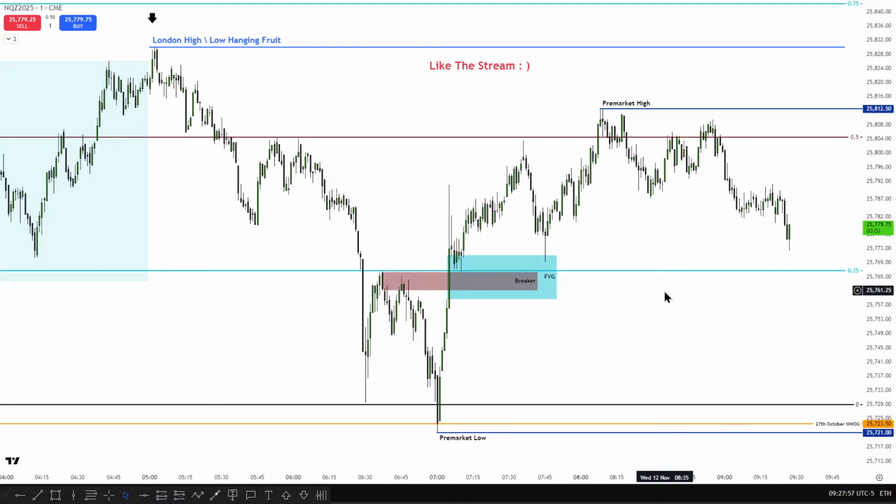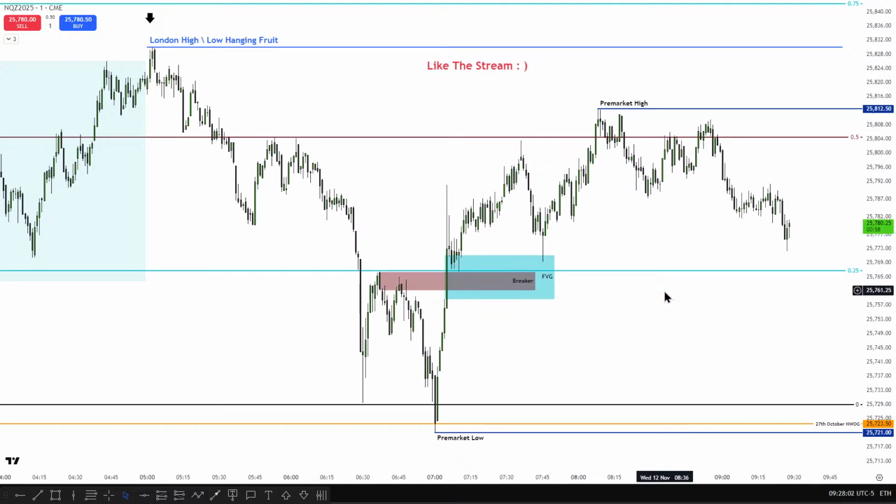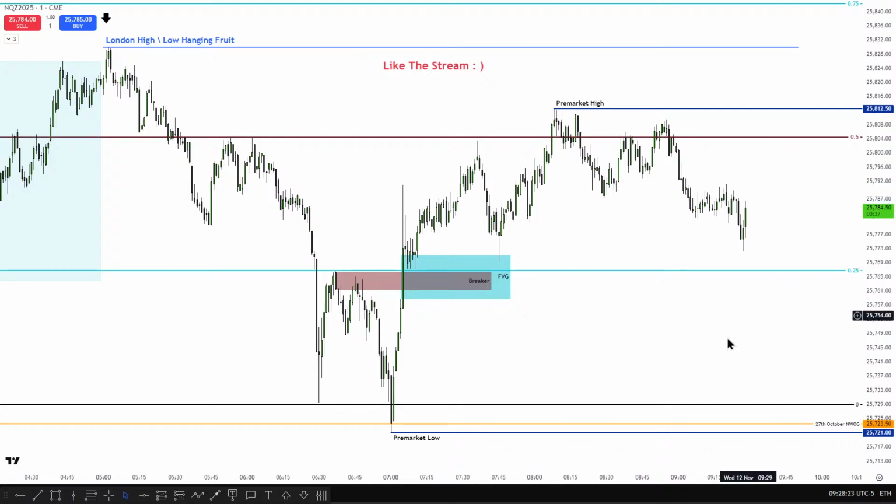ICT said a low is an intermediate term low when it forms a gap. Wicks are gaps. Can we not also say a low is an intermediate term low when it forms in a wick? That's a very good question. I don't know the answer to that. An intermediate term low can be the low that forms in a gap, so this would be an intermediate term low, but it doesn't have to be. There's two types. A low with a short-term low to the left and right of it, not a swing low like this.